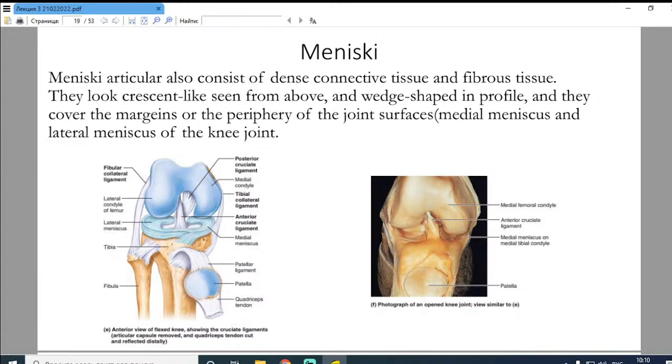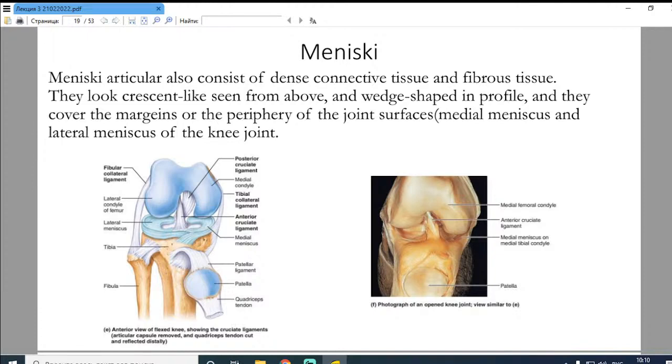You see, crescent-like, seen from above, the anterior cruciate ligament and the lateral meniscus.